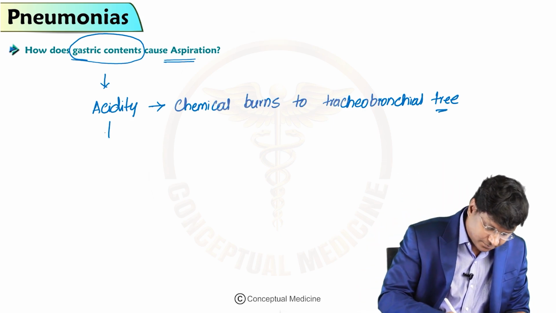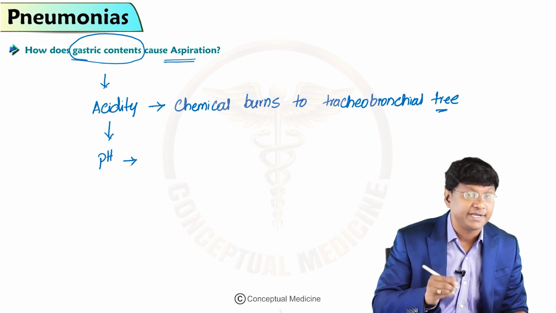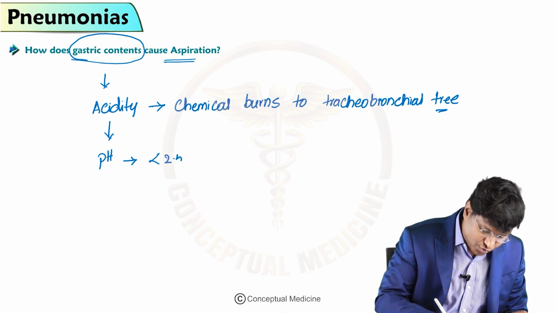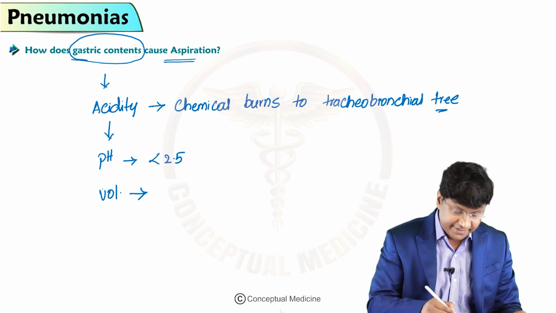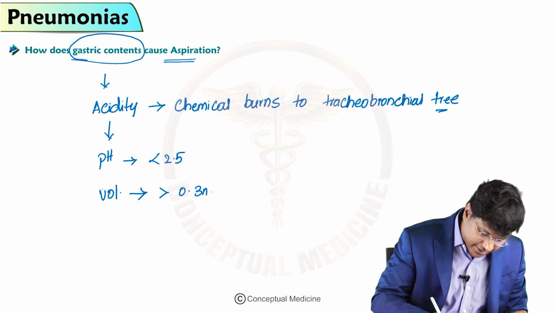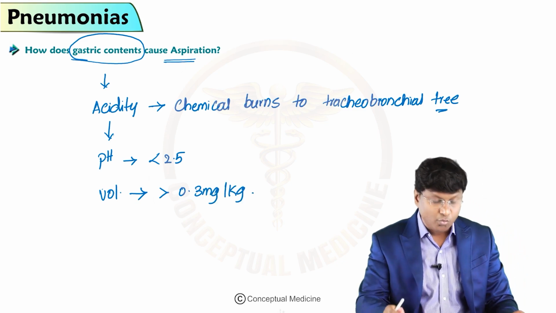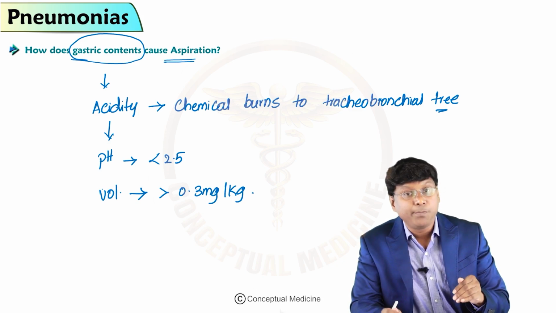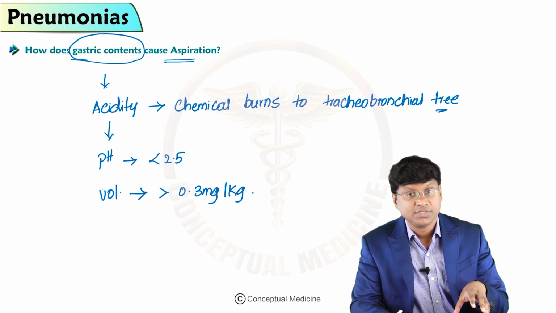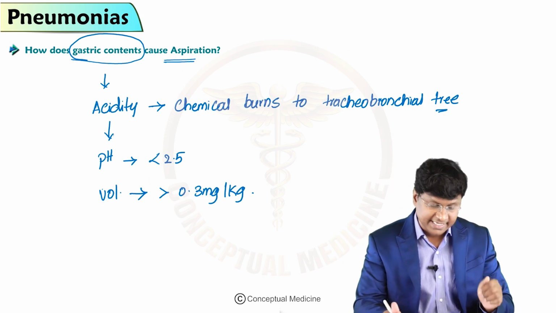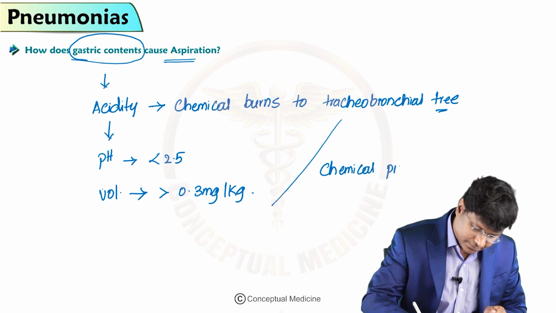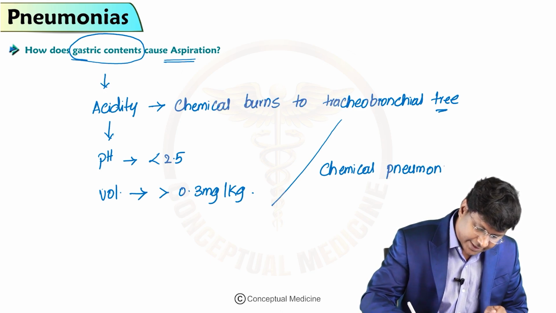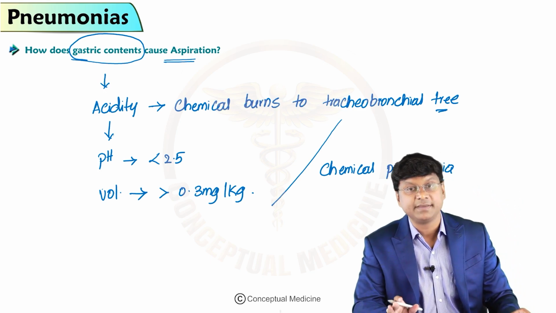That will occur if the pH of the aspirated content is less than 2.5, and if the volume of the aspirated content is more than 0.3 ml per kg of the body weight, then it has a greater potential for causing chemical pneumonia.